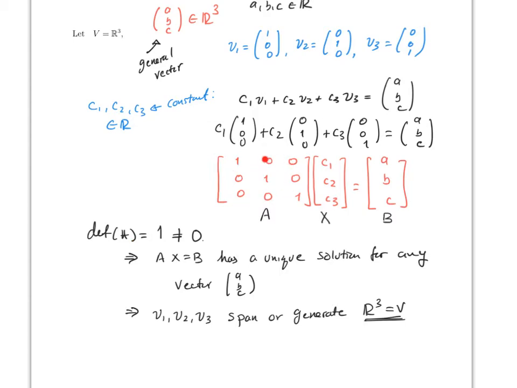If the determinant is equal to 0, that means this doesn't have a unique solution, so this will fail and this will not span the space. But if the determinant is not 0, that means this has a unique solution, and therefore you can solve this system for any values of A, B, C, and that will imply that this generates or spans the whole vector space.